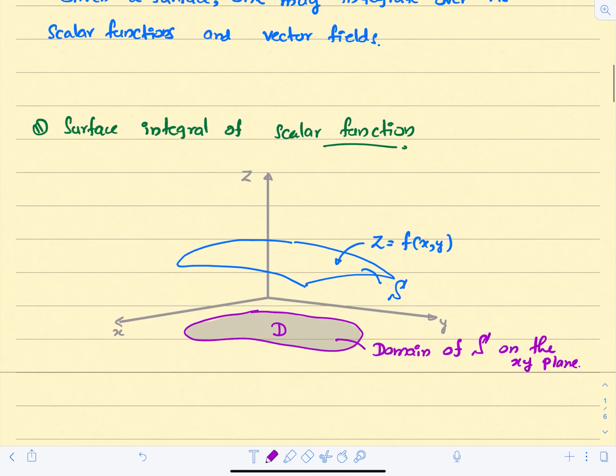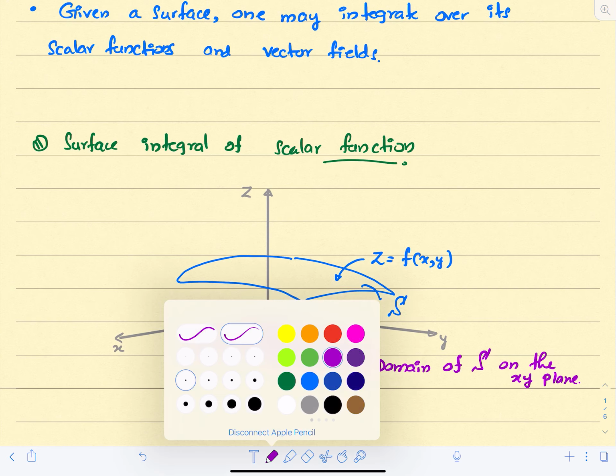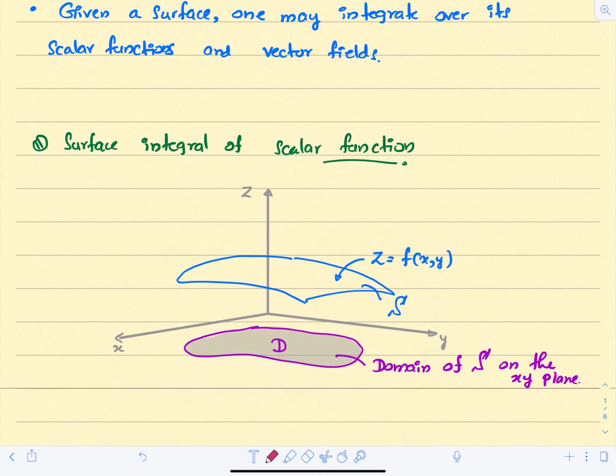Now on this surface we have a function with three variables, let's say f of x comma y comma z on S. As you know, we are unable to draw this function in three-dimensional space because this is in R4, but on every point on this surface S, we have a function value.